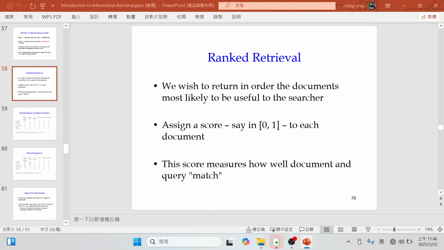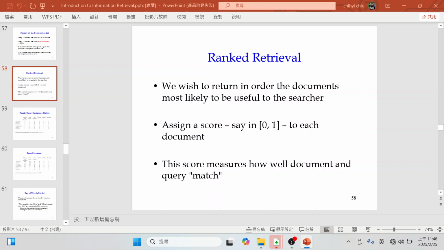Okay, so now I introduce you to ranked retrieval, to try to improve on the results from the Boolean model. Here we wish to return the documents according to their relevance score to your query, not just the exact match.